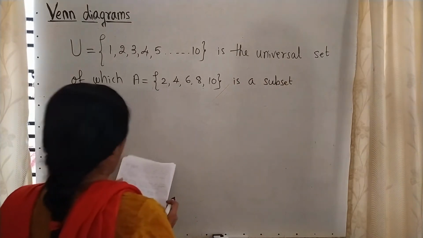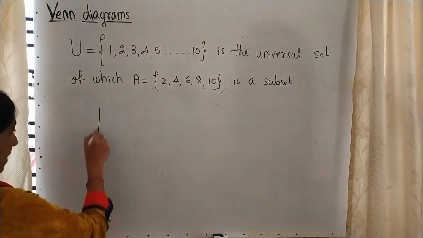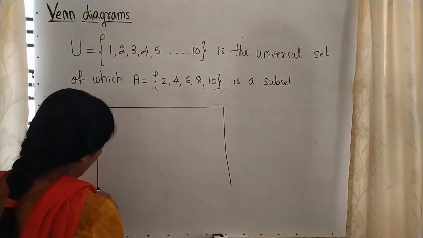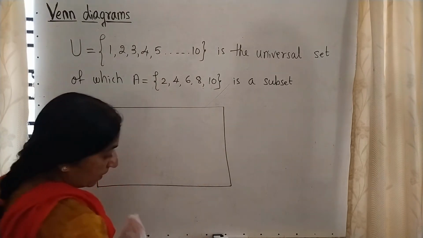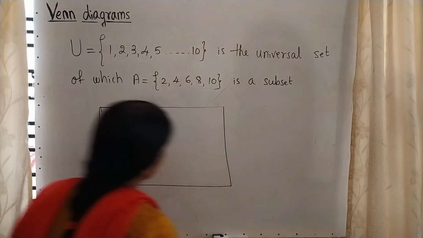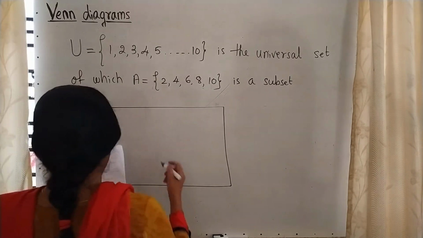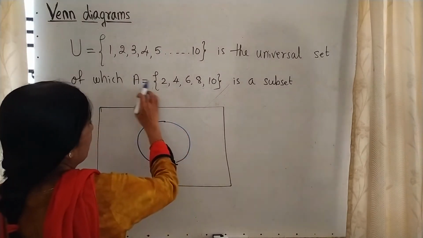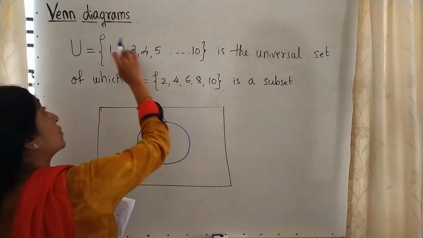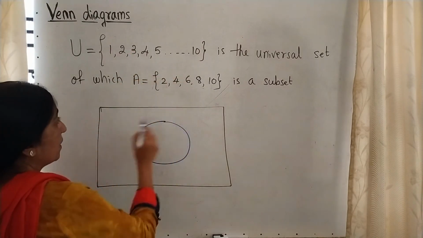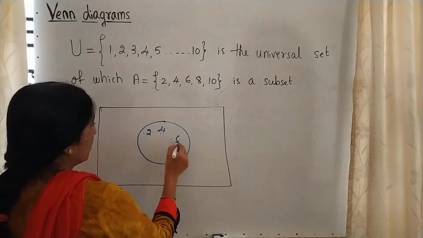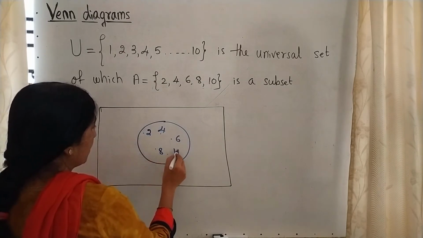As I told you, the universal set is represented by a rectangle, and its subset is represented by a circle or any oval shape. These numbers are present in both U and A, which means A is a subset. So I am writing these numbers here: 2, 4, 6, 8, 10.